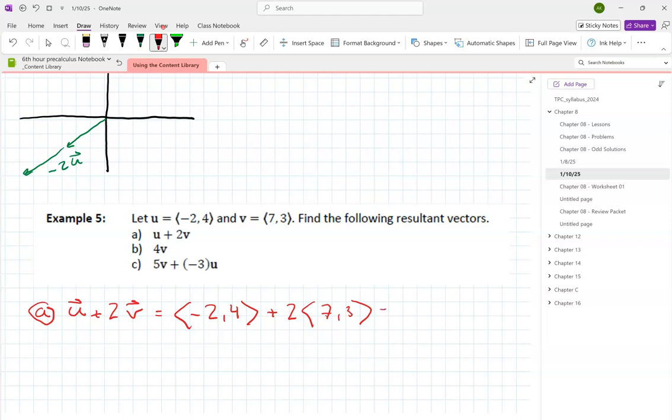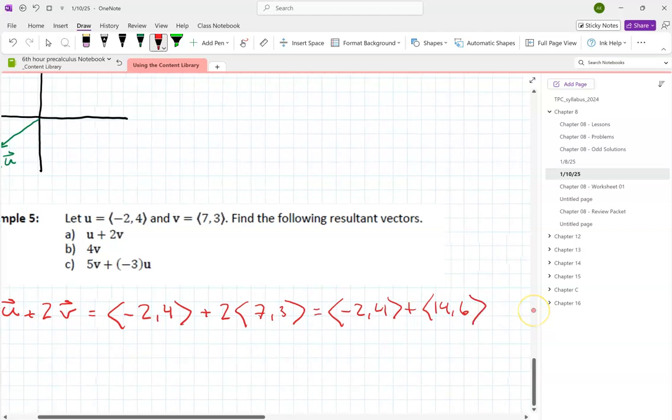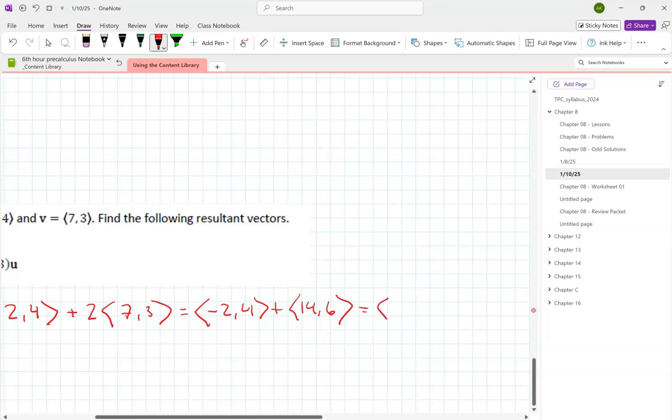So I'm going to do that scalar multiplication first. Everybody's okay with how I did that? And now I can do my vector addition. So -2 plus 14 is 12. And then 4 plus 6 is 10.